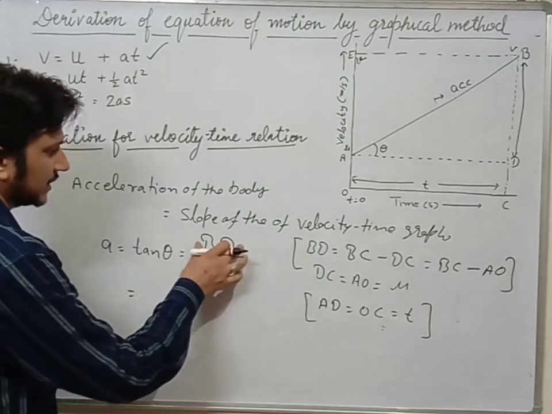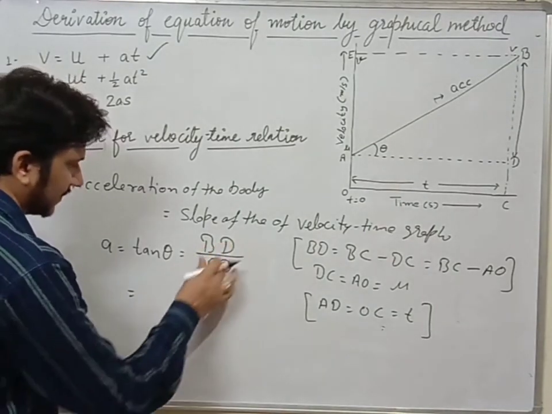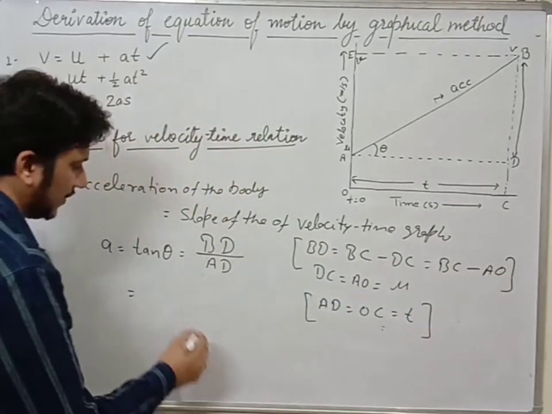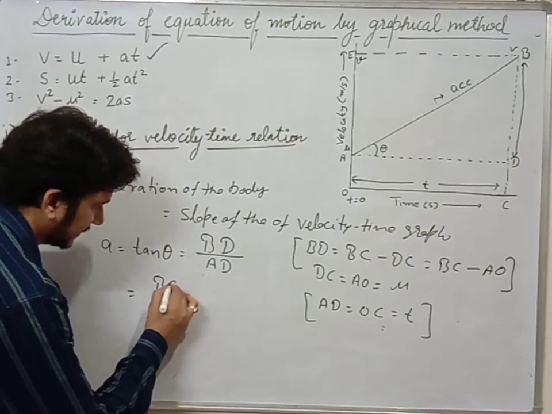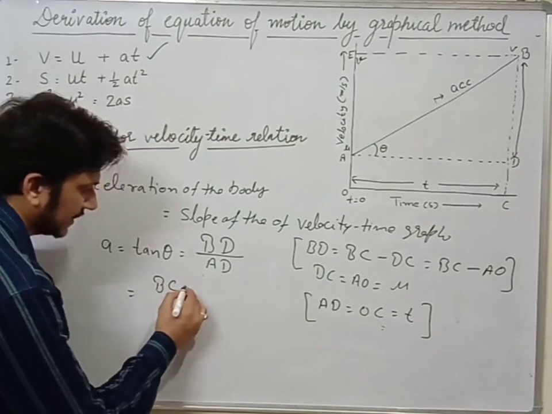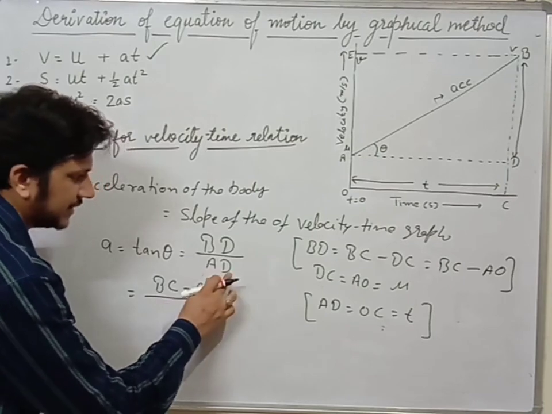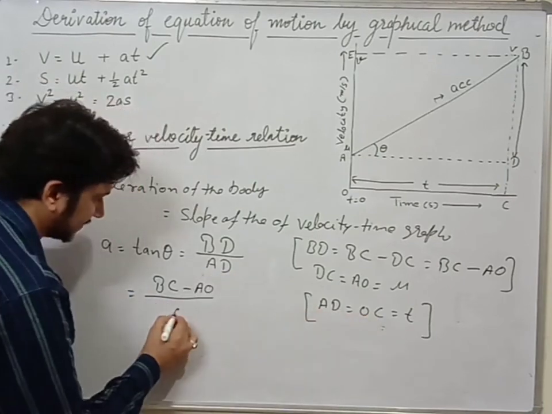We put this value here: BC minus AO divided by AD, and AD equals OC.